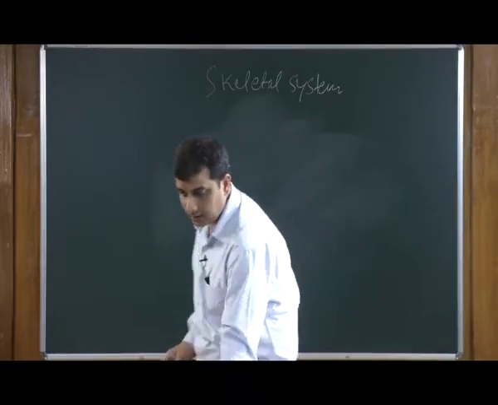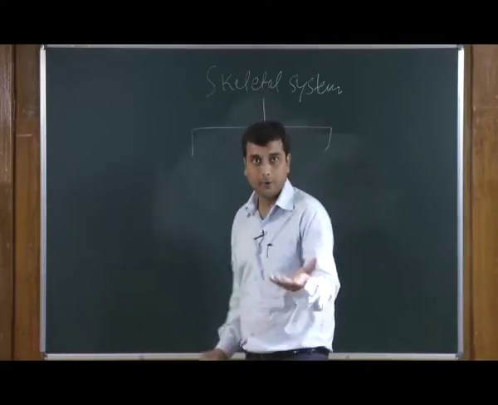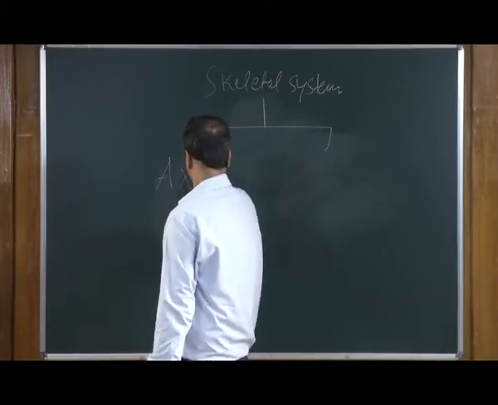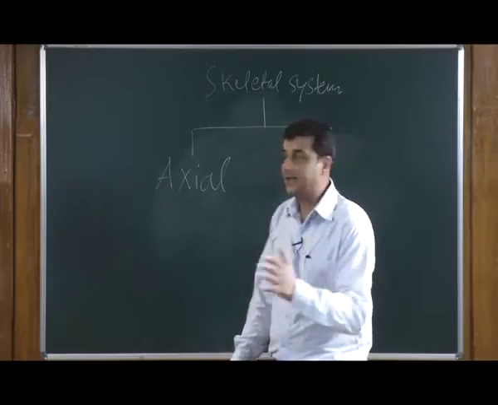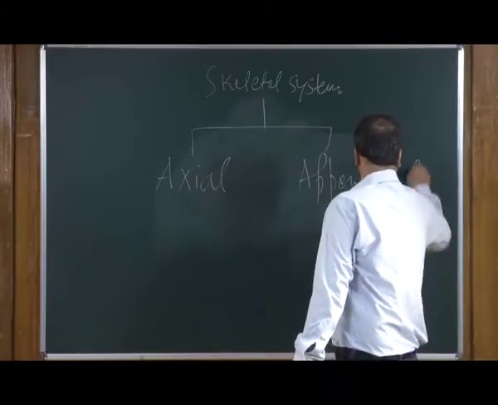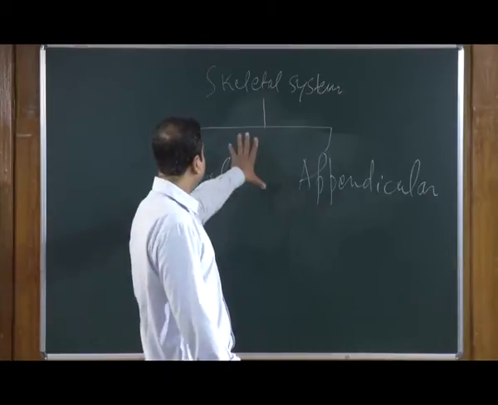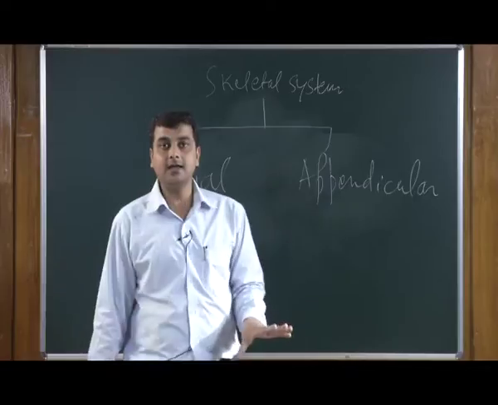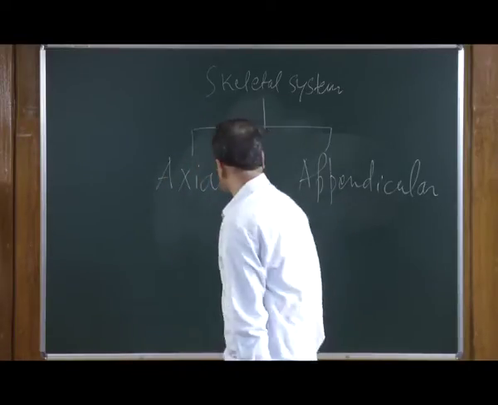This whole skeleton system is divided into two principal components: one is called the axial skeletal system, and the second is called the appendicular skeletal system. The whole axial and appendicular system in the human body comprises in total 206 bones.